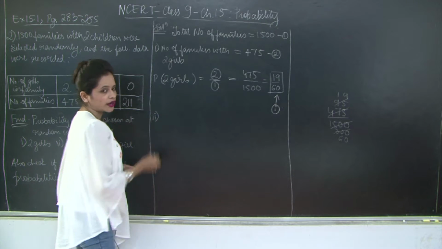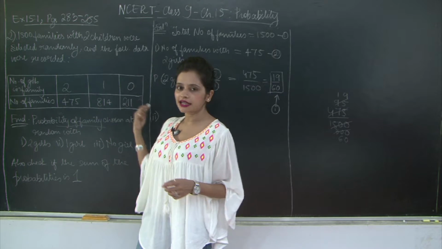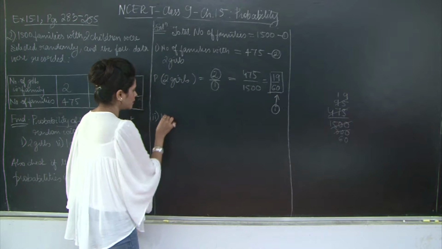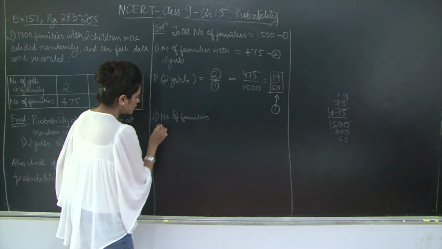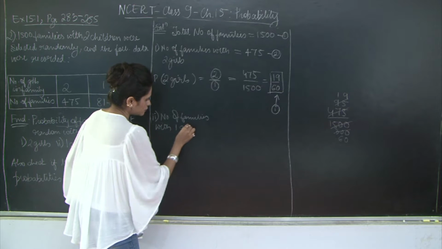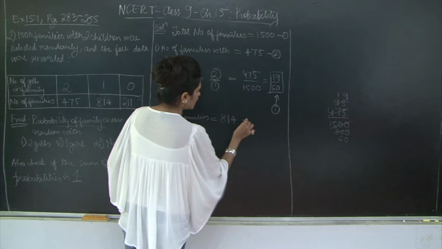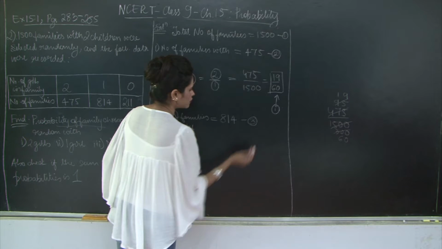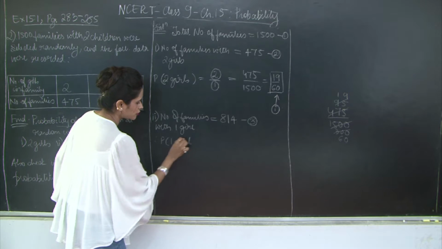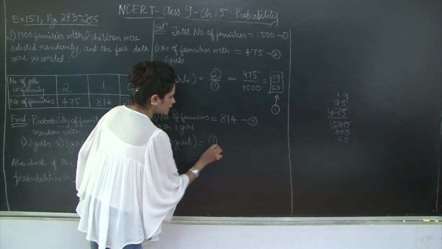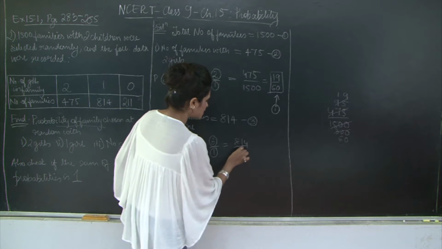Let's proceed with the second one. The probability of the number of families with only 1 girl, this count is 814. So let's write down number of families with 1 girl is equal to 814. Let's mark this as 3. Therefore, the probability with 1 girl is going to be equation 3 divided by equation 1, which is 814 upon 1500.